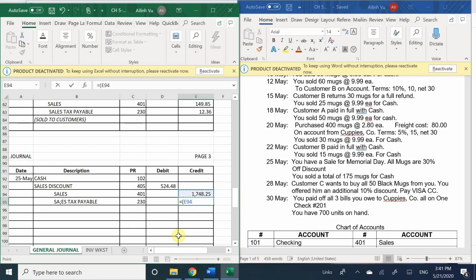You take your original price, minus the sales discount, and then multiply that entire total by 0.0825. So the tax is on the discounted amount. Yes, it's going to be after the discount. So in this case I got $100.96.